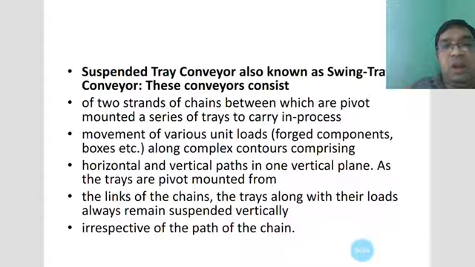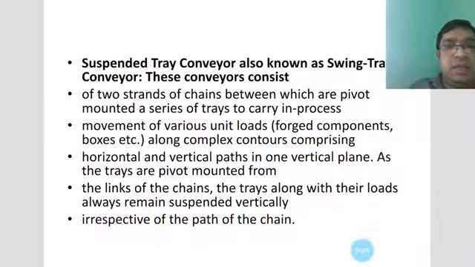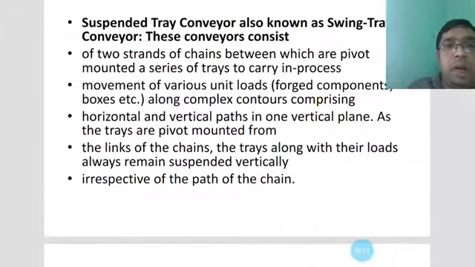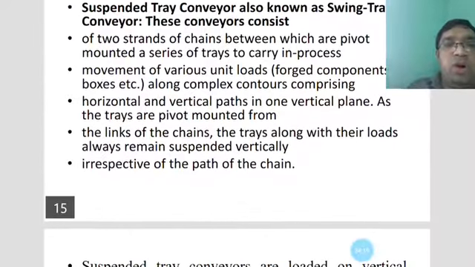As the trays are pivot mounted from the links of the chains, the trays along with their loads always remain suspended vertically, irrespective of the path of the chain.